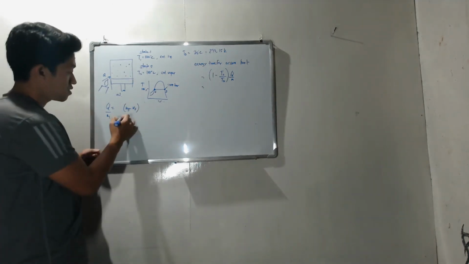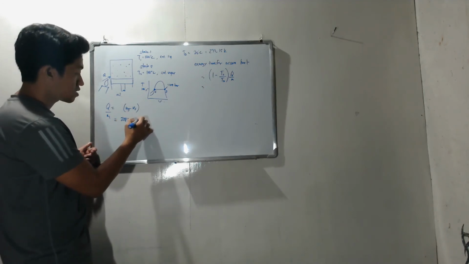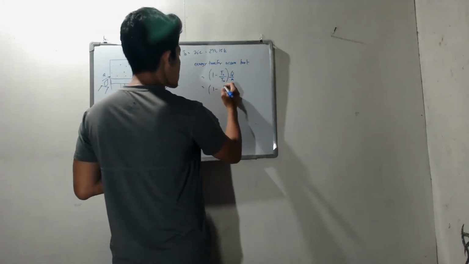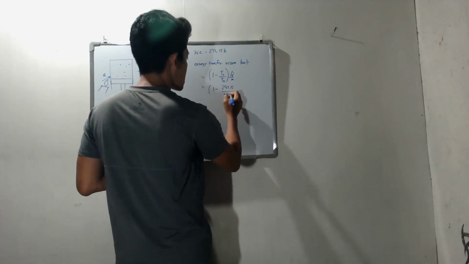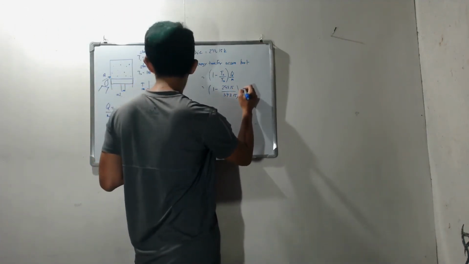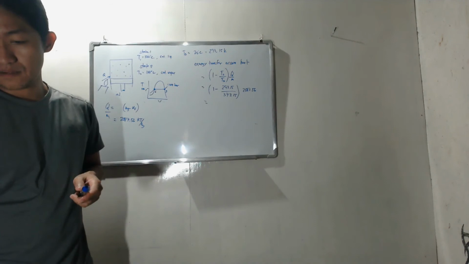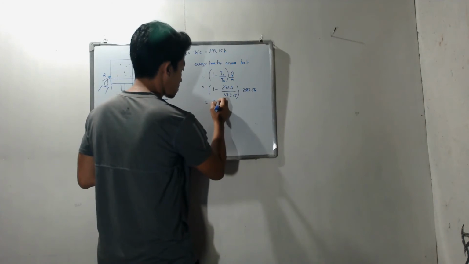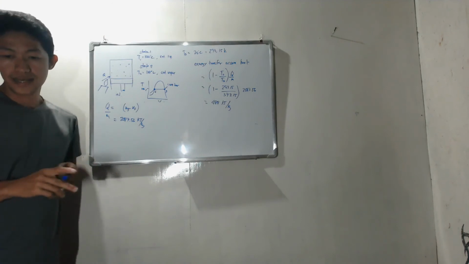Multiply by 1 minus 293.15 over 373.15. Therefore, the answer is 484.